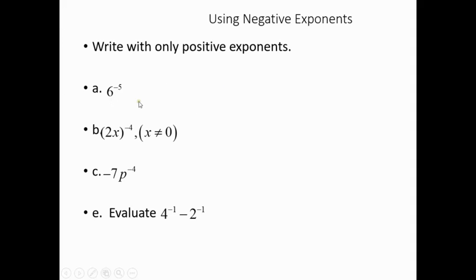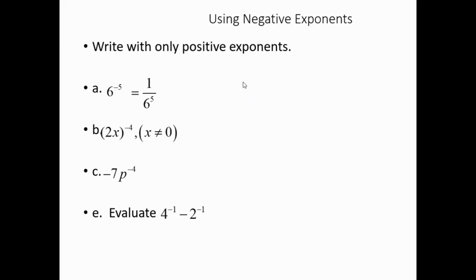So we have 6 to the negative fifth. We can simplify that, and what we're trying to do is write each one of these always using positive exponents. So 6 to the negative fifth would be 1 over 6 to the fifth.